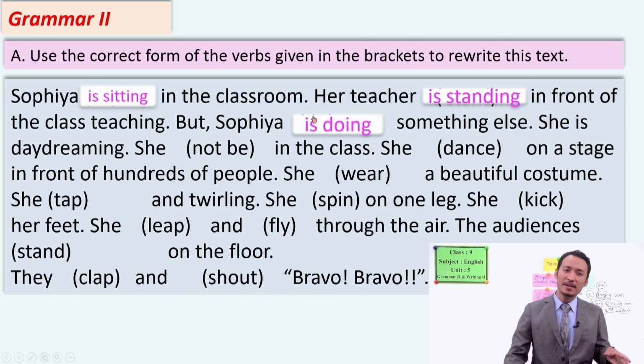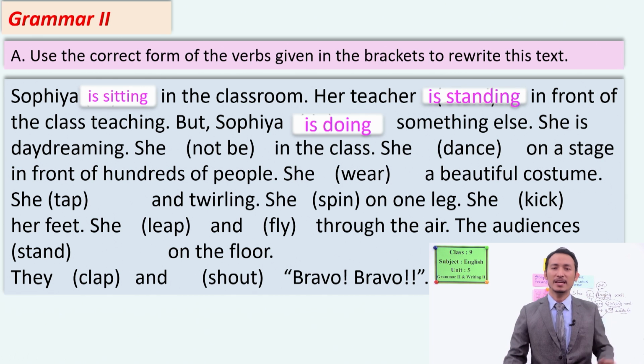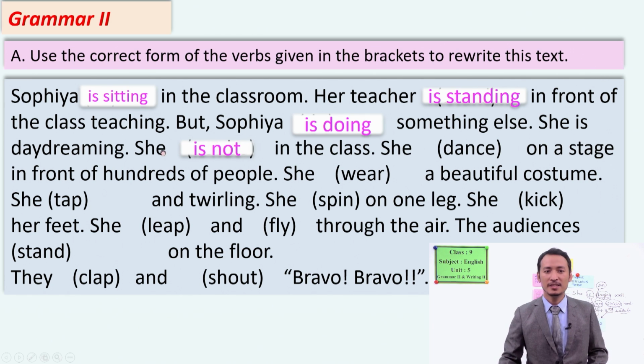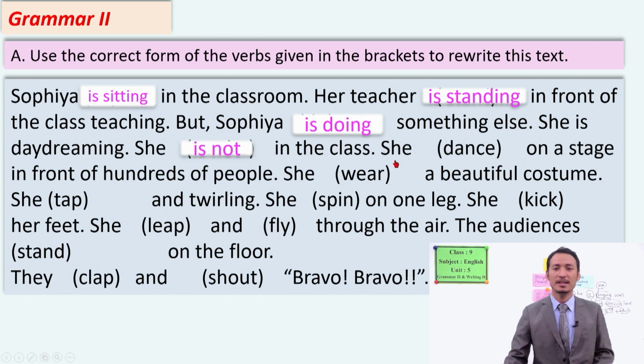So generally here, another action is in the present continuous tense. She is daydreaming means she is doing something else. She is thinking something else. So she is daydreaming and she is not in the class. So this is the situation or a condition here. So she is not in the class. So this sentence is in simple present tense. So you can describe some situation in simple present tense as well.